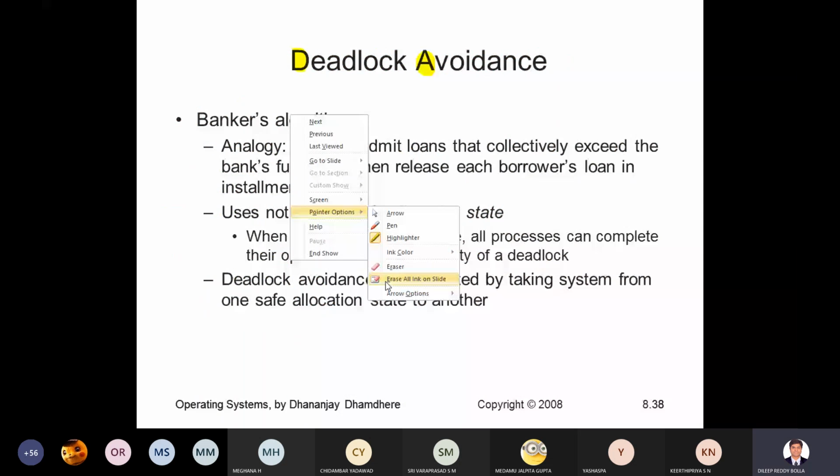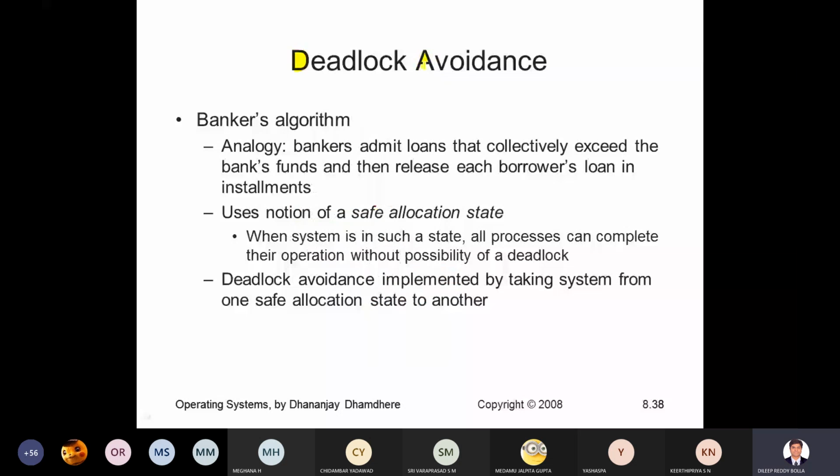Let us look at deadlock avoidance. One of the algorithms we have here is the banker's algorithm. The name itself says bank, correct? And who does the banking is called a banker. That's why it's called the banker's algorithm. What is this banker's algorithm? It's very simple.